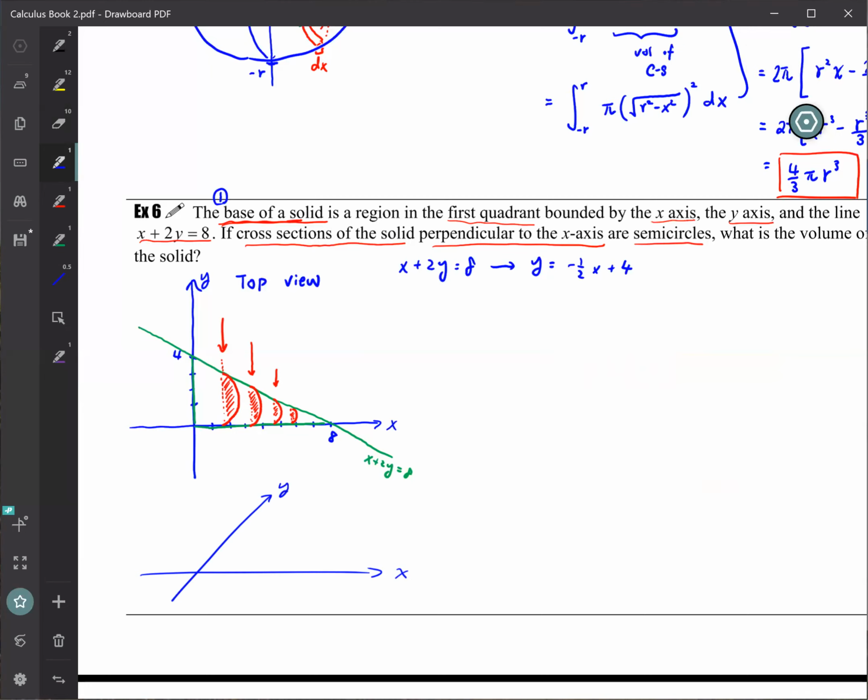And then there is a z-axis, which represents the height. And then the green boundary line, this is 1, 2, 3, 4 for the y, and then 8, let's say, is here. So the line goes this way.